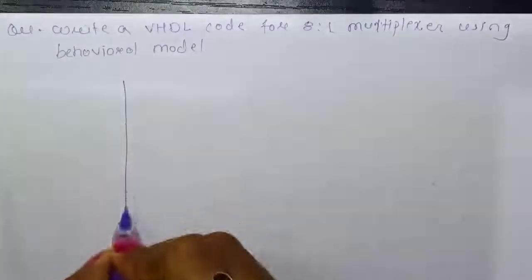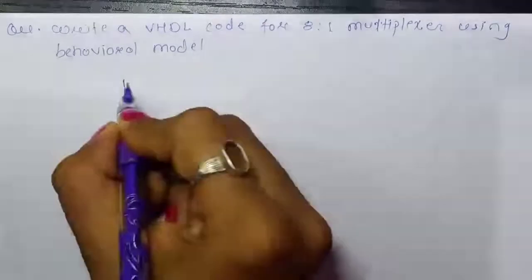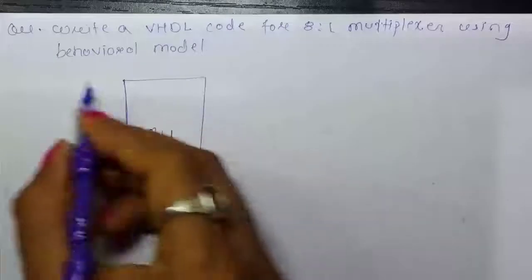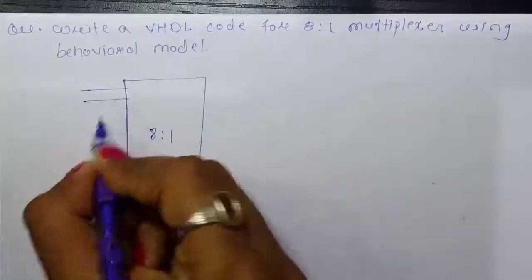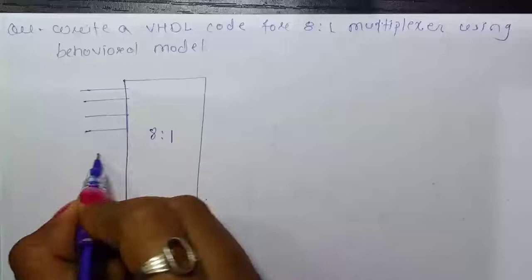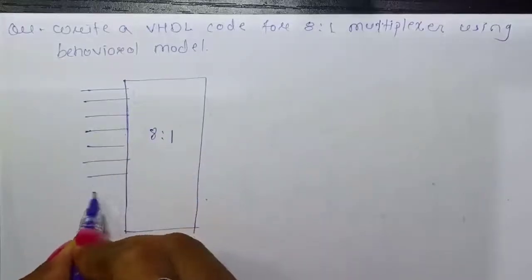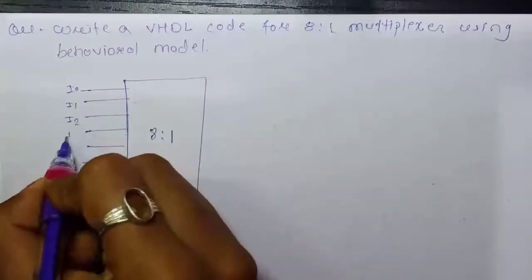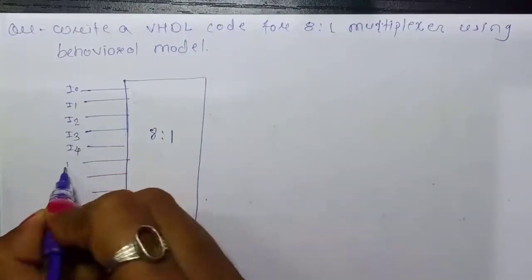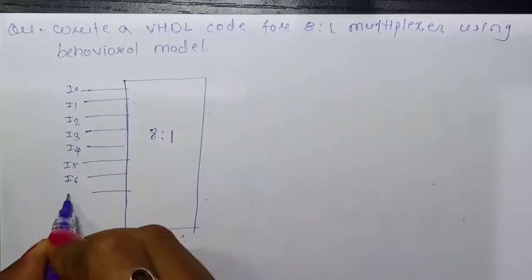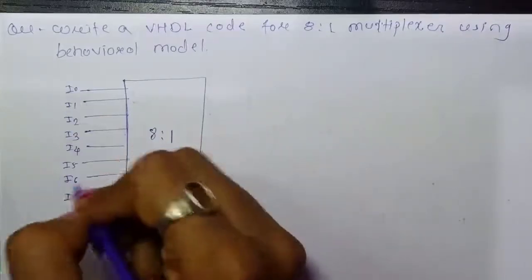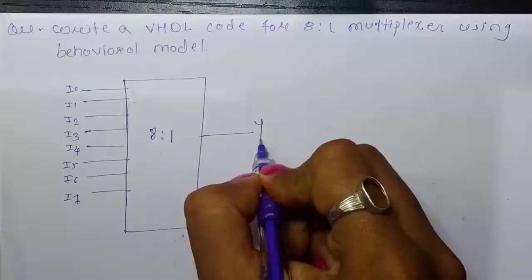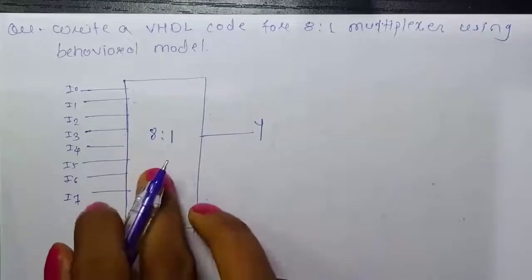So block diagram is like this. 8:1 multiplexer, that means it has 8 input lines from I0 to I7, that is I0, I1, I2, I3, I4, I5, I6 and I7. So 8 input lines and only one output line, let's say Y.